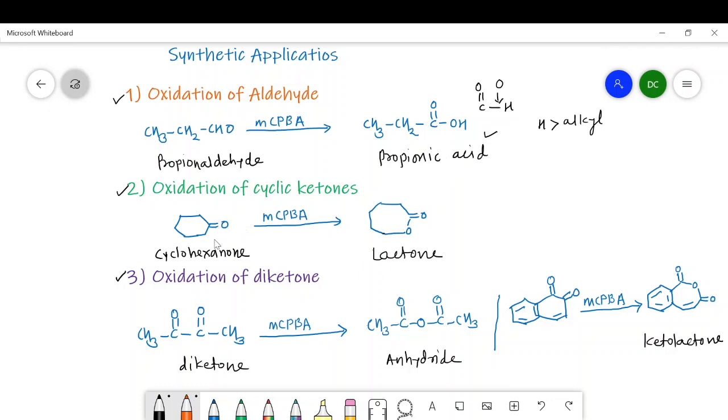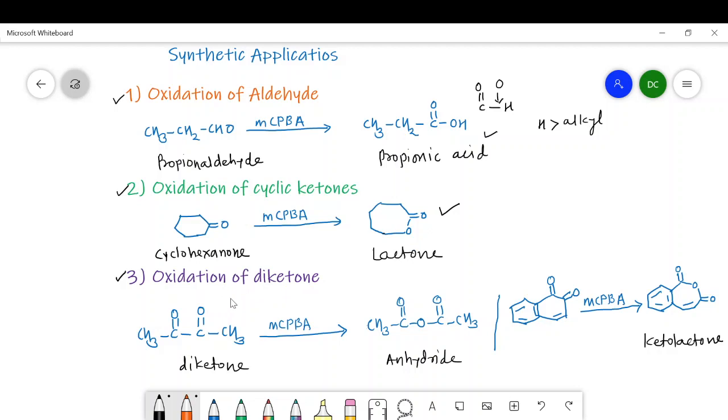In the oxidation of cyclic ketone, ring expansion takes place. Here a 6-membered cyclohexanone is converted into a 7-membered lactone. So a cyclic ketone undergoes ring expansion on Baeyer-Villiger oxidation to give the corresponding lactones.